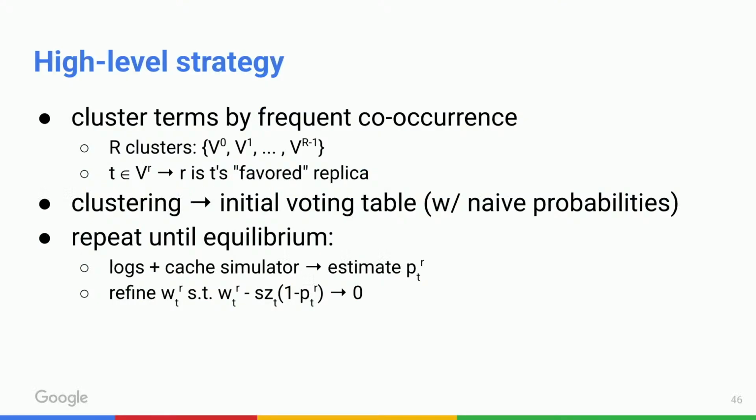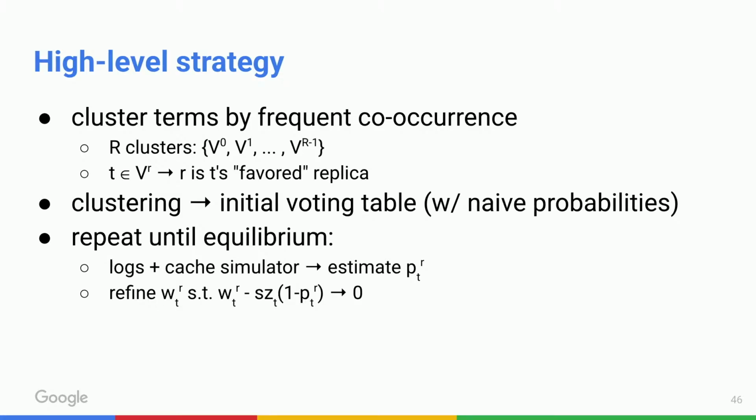How do we train the voting table? Here's what we're going to do. We're going to cluster terms by frequent co-occurrence into R clusters. Let's say that cluster R is the favored replica for a particular term. This clustering will give us an initial voting table in a very naive way that I'll show you in a minute. Then we're going to repeat until we get to an equilibrium.